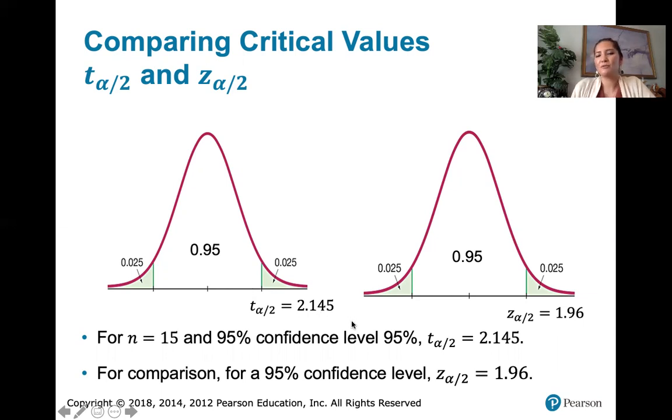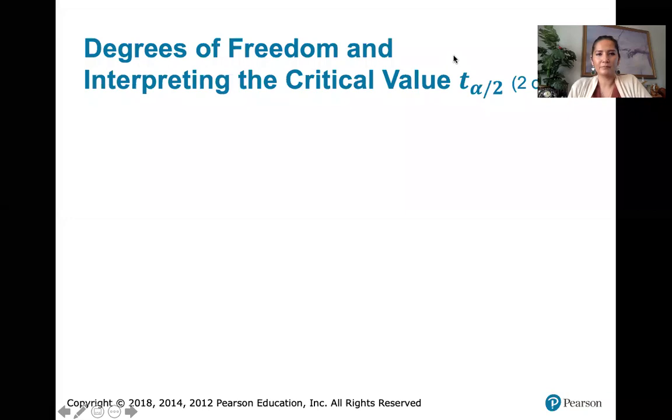So you see it plays the same role, but it's taking on different values. In this slide, we discuss degrees of freedom and interpreting the critical value t sub alpha over 2.